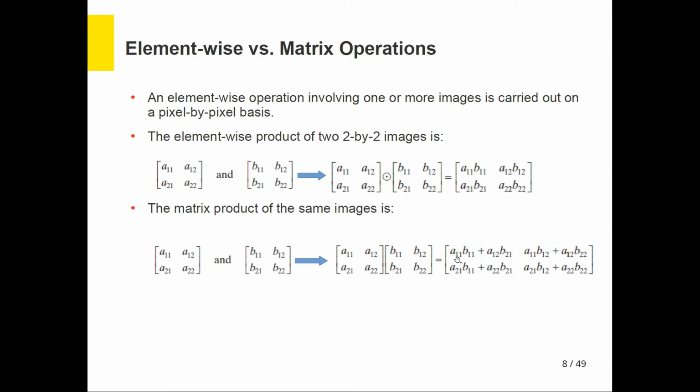For example, to create the first element of the matrix product, we have to calculate the multiplication of the first element of the first matrix and the first element of the second matrix, plus the second element of the first matrix and the third element of the second matrix, or more accurately, the first row of the first matrix and the first column of the second matrix.